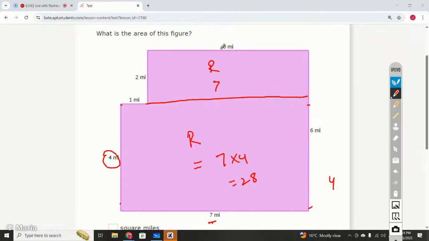Now look at the second rectangle. The side lengths of this rectangle are 6 and 2. You need to do 6 times 2. 6 times 2 is 14, right? So we need to add the areas of both the figures, that is 14 plus 28.